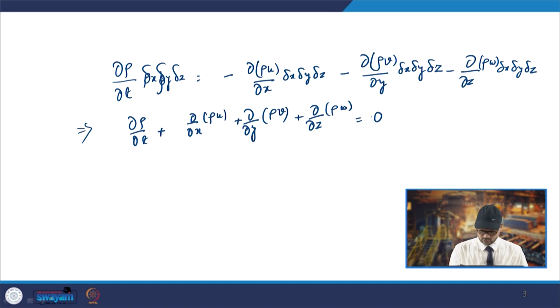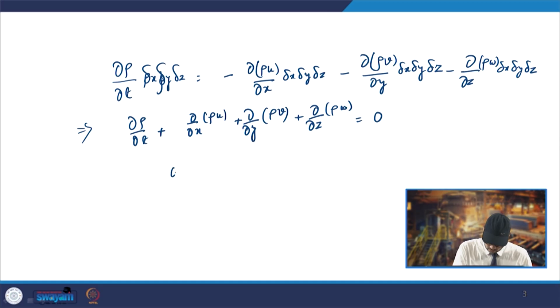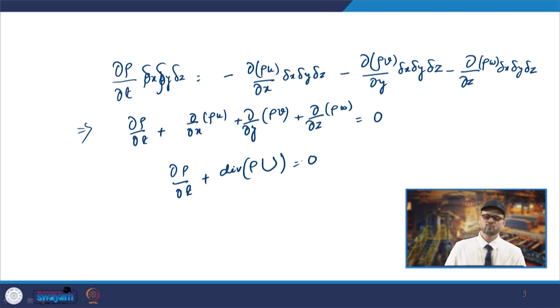Now, if you try to write this in a compact vectorial form, in vector notation you can write ∂ρ/∂t plus div of ρu equal to 0.